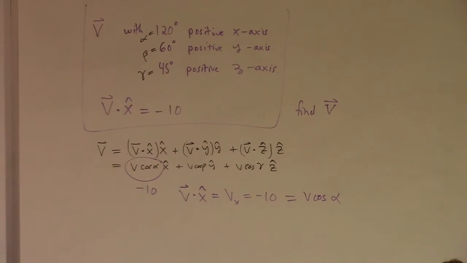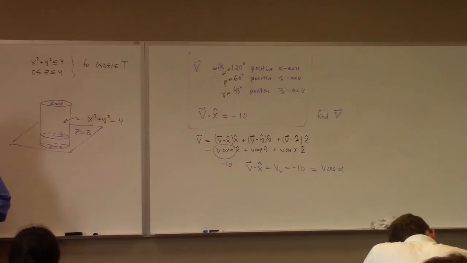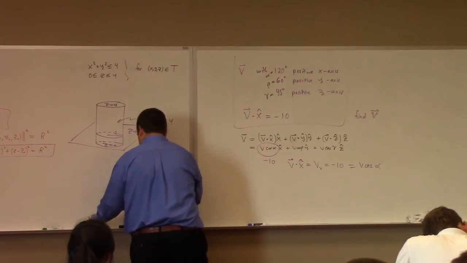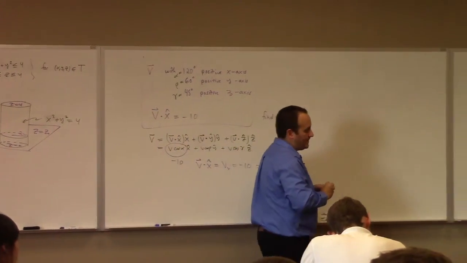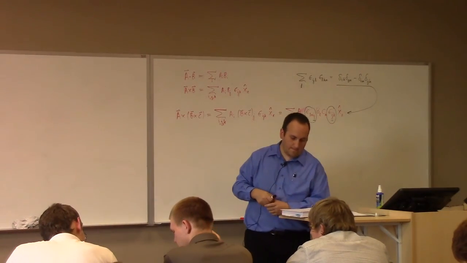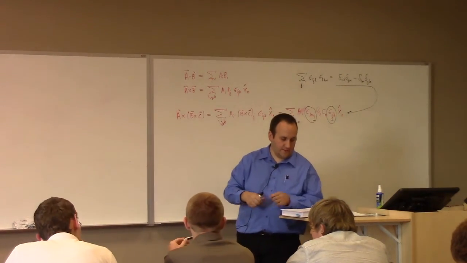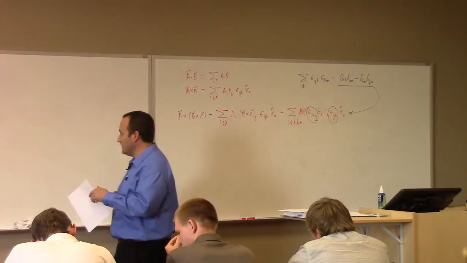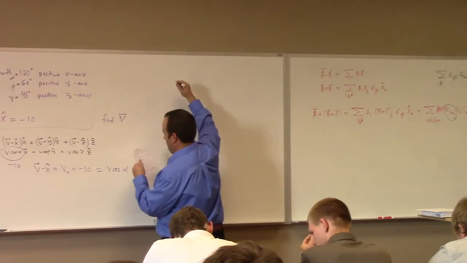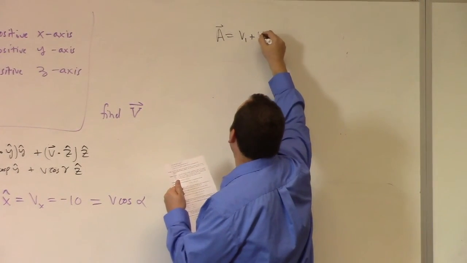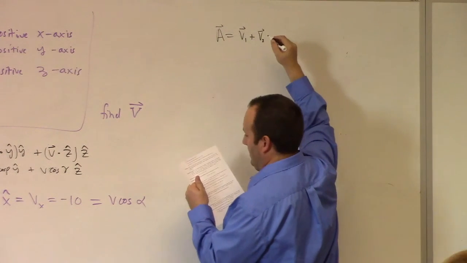I'm not asking how to find it really, but what are you looking for in problem 3 part G, where you write vector A equals v1 vector plus v2 vector? So in part G of problem 3, I said write A equals V1 plus V2, where V2 is perpendicular to V. Are we trying to find V1, V2?